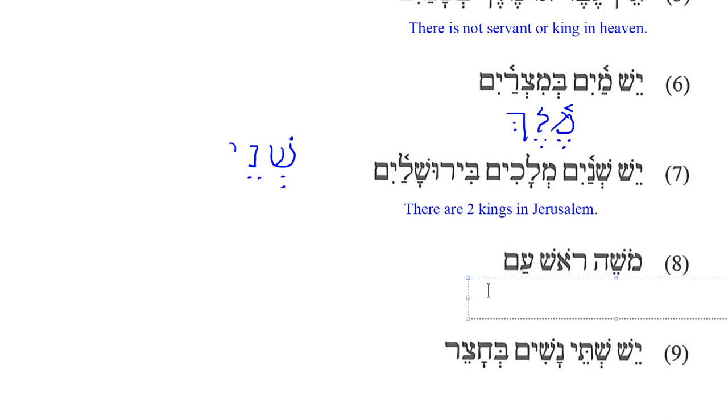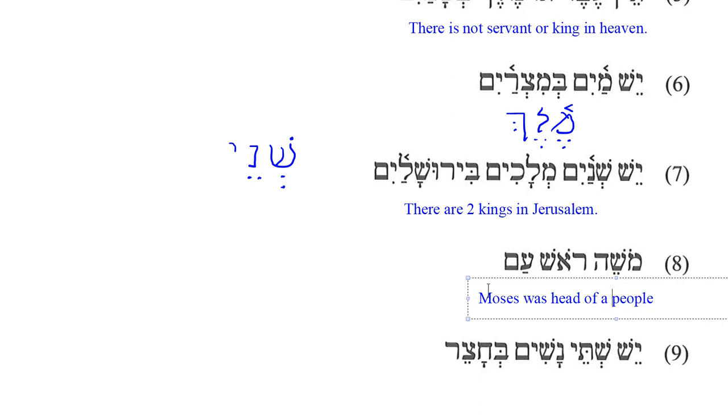Putting them all together, we have Moses, head, people. And so I think we're probably looking at the to be verb going between Moses and head. So Moses was or is head of a people.